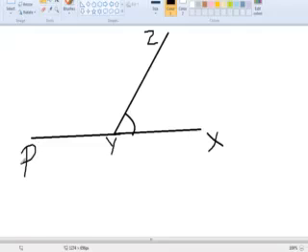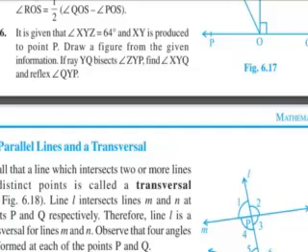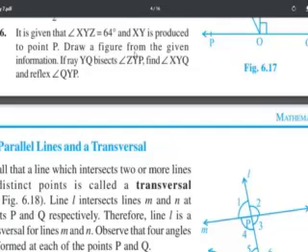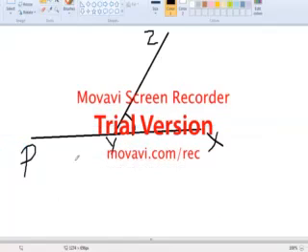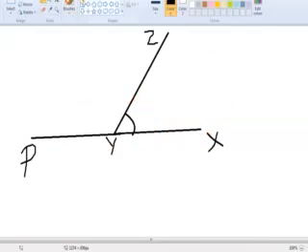When you make the figure, everything will become clear. After that, it has been said, draw a figure from the given information. We have drawn. If ray YQ bisects angle ZYP, so here we will be taking a bisector. YQ bisects angle ZYP.